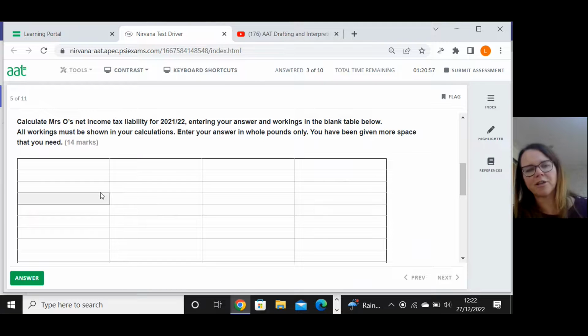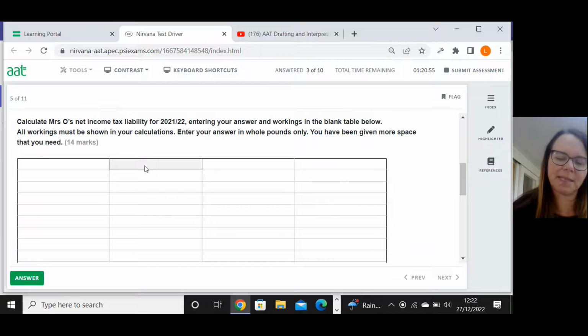So how would I approach this? Well, you might be tempted to do as we've learned and have non-savings income, savings income, dividend income, and go from there without a total column. But I think that might be a little bit prohibitive.